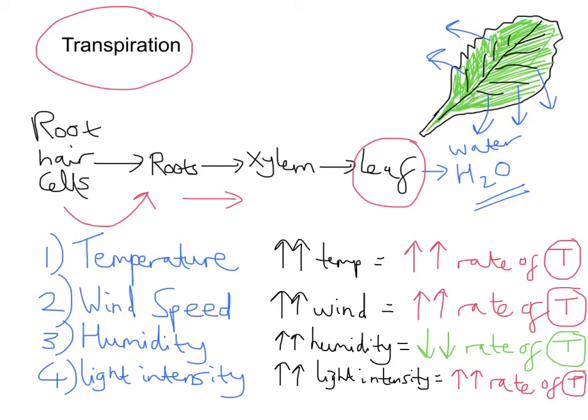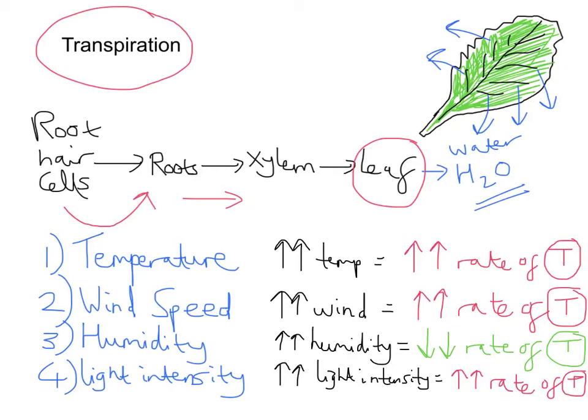So when it photosynthesizes quicker, it would use up more carbon dioxide and more water. So its stomata would open more to allow more carbon dioxide to diffuse in from the air. But with the stomata open more, it means more water vapor can diffuse out, so the transpiration rate increases.